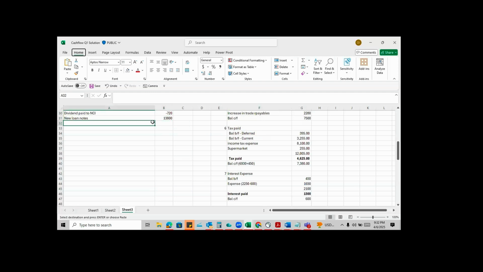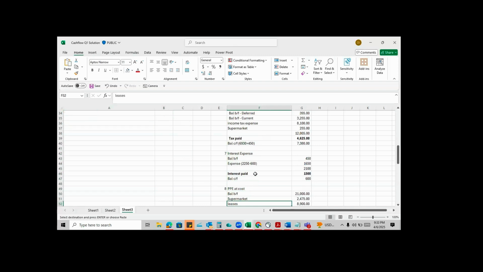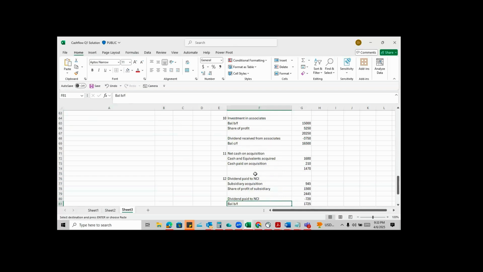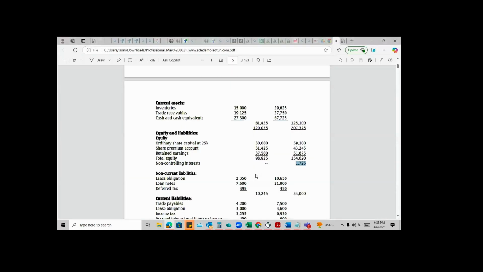All right, let's look at the other activities that we must have had there. We issued shares. I don't want to waste time here. How many shares did we issue?